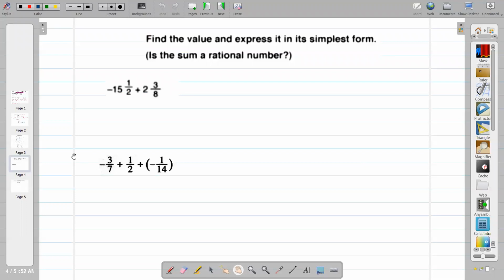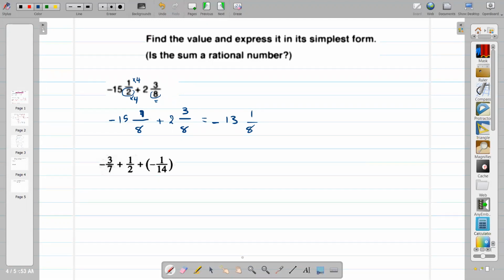We will solve it with the fastest method because time is almost up. This is negative. 2 and 8 are divisible by 2, so we can multiply by 4. Negative 15, 2 times 4 is 8, 1 times 4 is 4. We solved this before. 4 minus 3 is 1 over 8 and 15 minus 2 is 13, but with the negative of course. We could also solve it with the cross method.